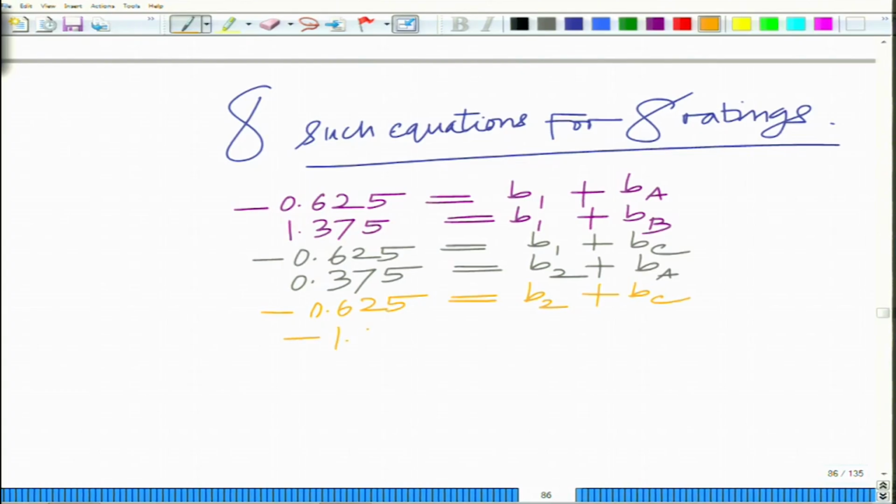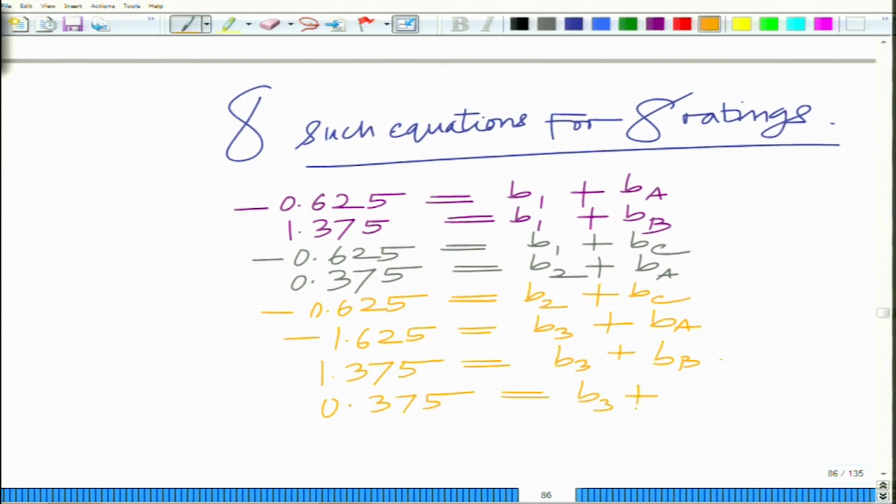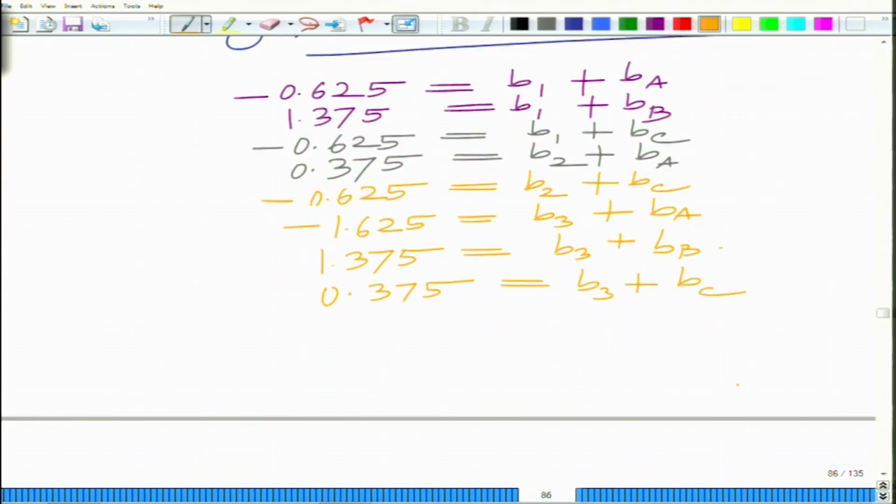Minus 1.625 equals B3 plus BA. 1.375 equals B3 plus BB, and 0.375 equals B3 plus BC. Okay, this is the set of equations. You can see this is a system of linear equations.